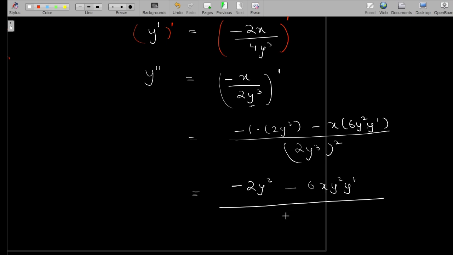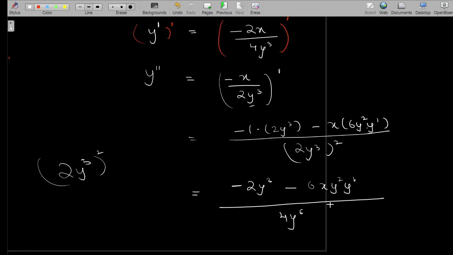No, 2y cube whole square, oh, 4y to the power of 6. Okay.